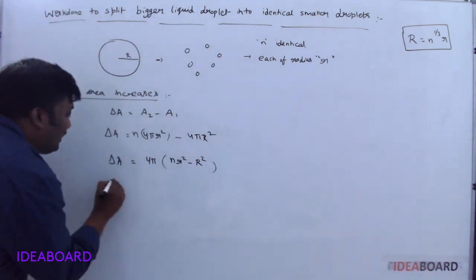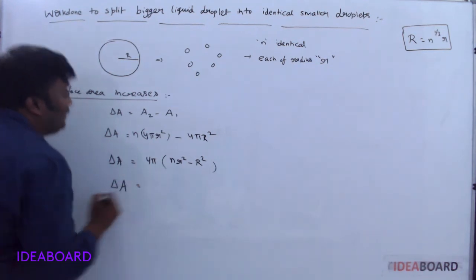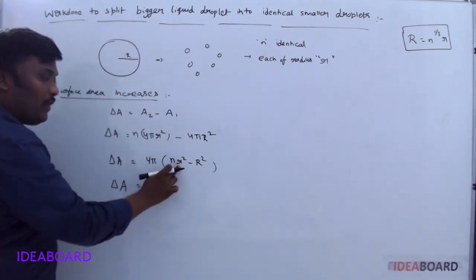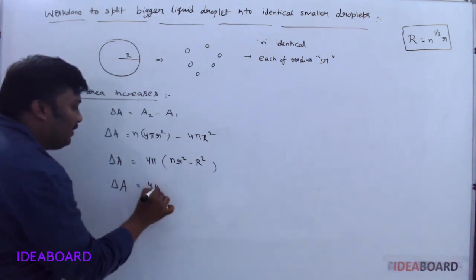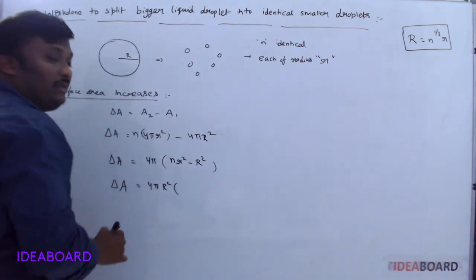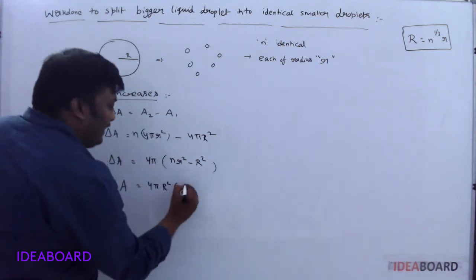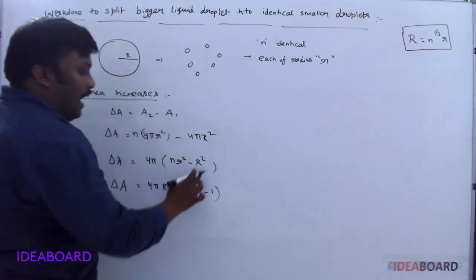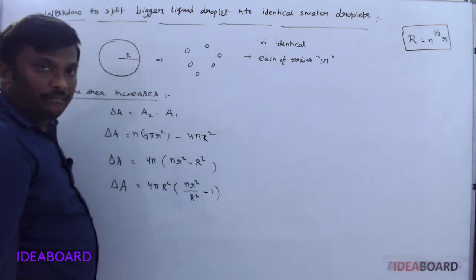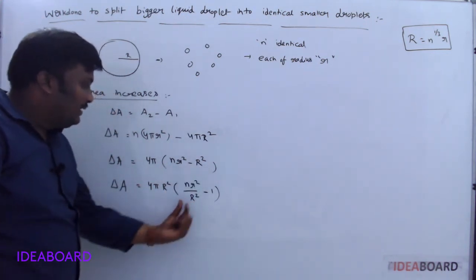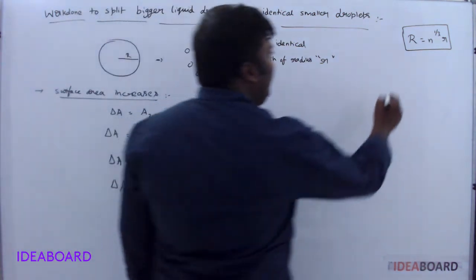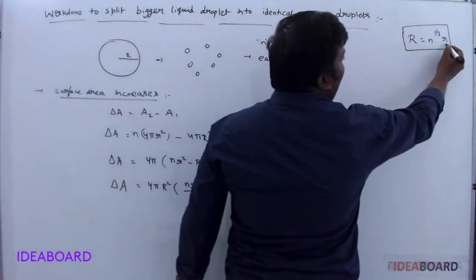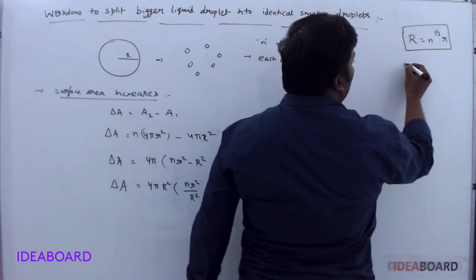But if the question gives only the radius of the bigger droplet, with no mention of the smaller one, then do one thing: capital R square is common. If capital R square is common, R square by R square is nothing but 1. So what is this value? This value indicates n times (small r by capital R) square. What is the value of small r by capital R?